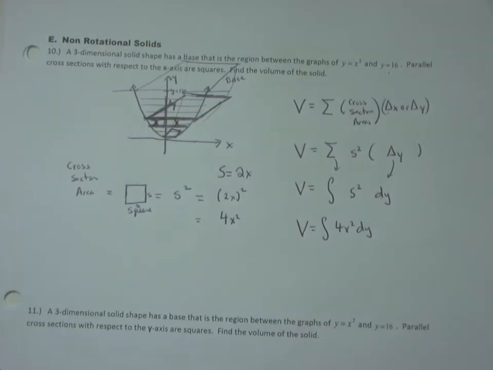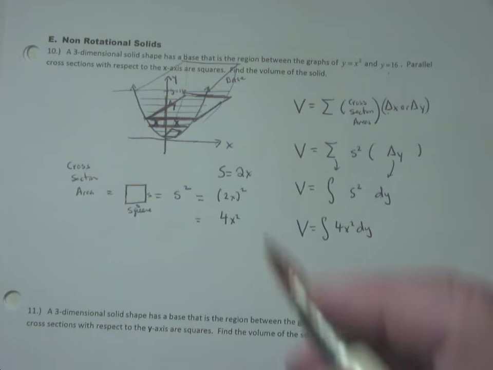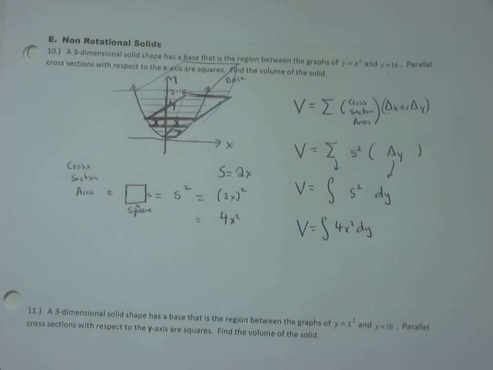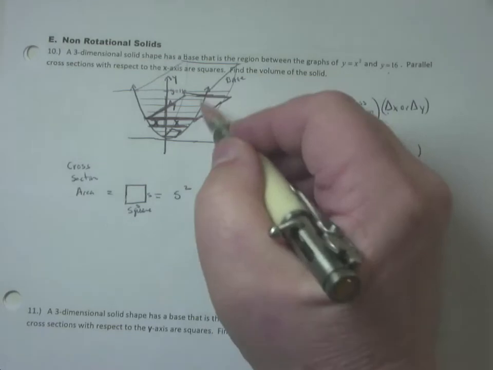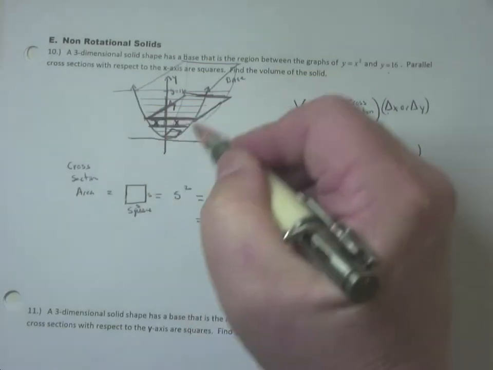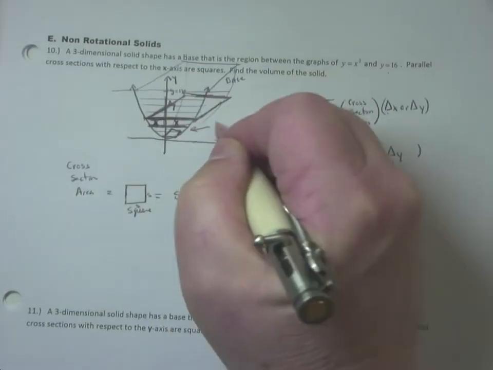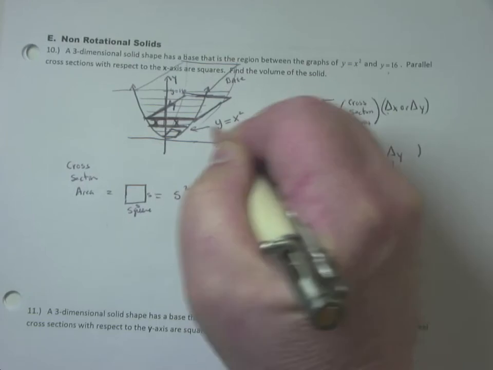But I've got a problem. What's my problem? I've got an x in the middle of my integrating with respect to y. So I've got to convert him over. And this is going to happen to you guys. The trick is the equation of the region that you have. What was that equation that made this base right down here? What was that equation again? y equals x squared.